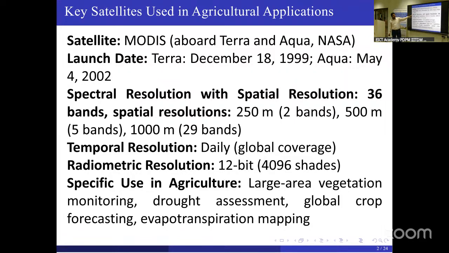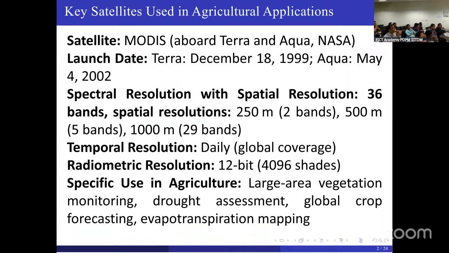The MODIS launch date is 1999, and then Aqua we have 2002. These are the different bands that we discuss in the next slide. Temporal resolution is daily for global. Radiometric again 4096, so we are getting a 12-bit image, and it is used for large area vegetation monitoring, drought assessment, and global crop forecasting.